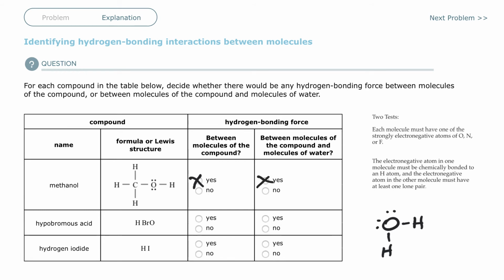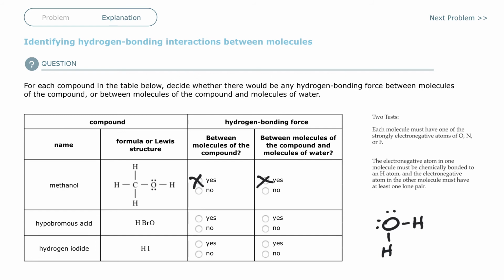The second one is hydrobromic acid, HBrO. So the first test: is there an oxygen, nitrogen, or fluorine in it? Yes. Is it bound to a hydrogen? Yes. So will they react one to another? In a jar full of this stuff, is one molecule going to have an attraction for another molecule?